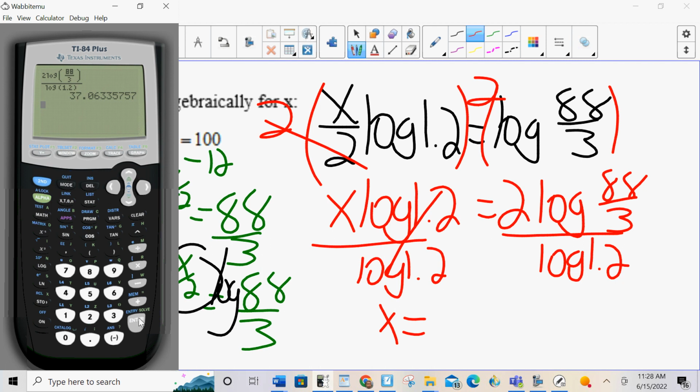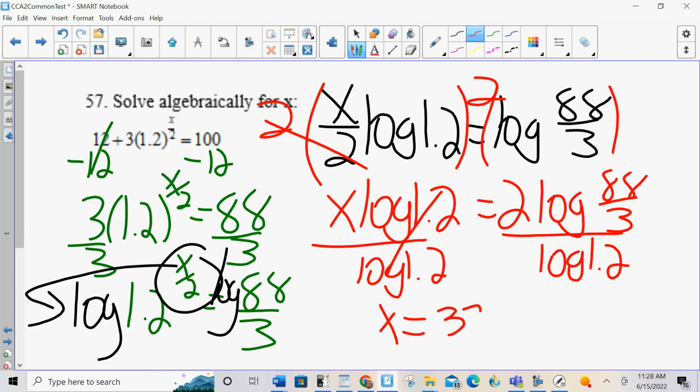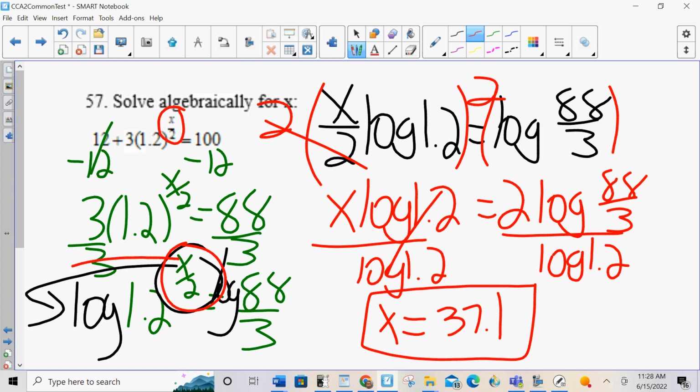If I want to the nearest tenth, that would be 37.1. So to solve a variable exponential equation, if there's a variable in the exponent, isolate the base, log of both sides, variable comes in front, isolate from there.